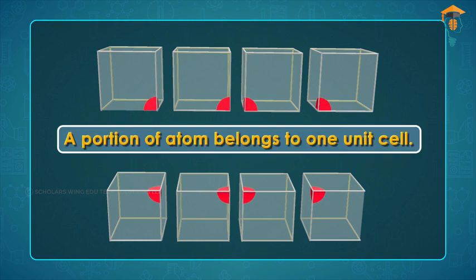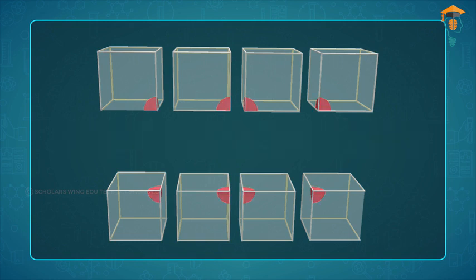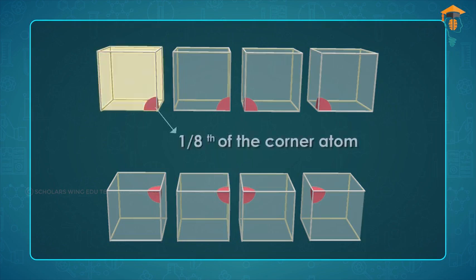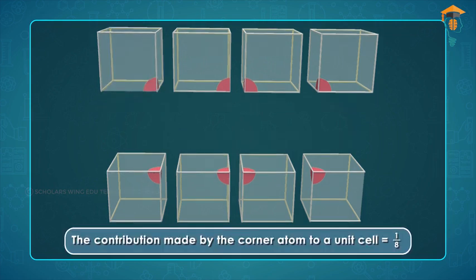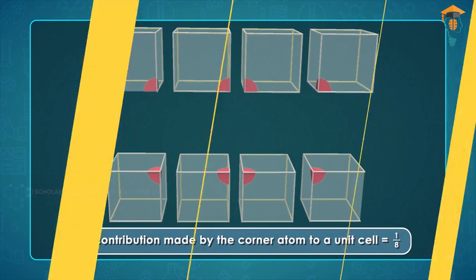Instead, only a portion of it or a part of it only belongs to one unit cell, right? So here, as this atom is shared by 8 cells, obviously, one cell will get a share of 1 by 8, isn't it? Therefore, my dear friends, the contribution made by such a corner atom to a particular unit cell is 1 by 8, right?